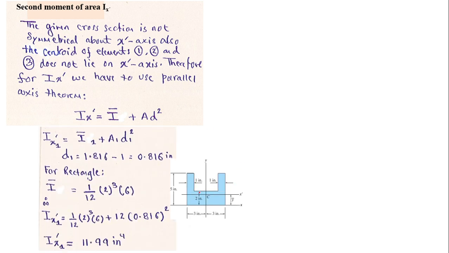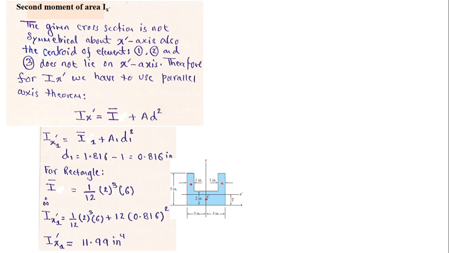You see that the centroid of this rectangle lies here, the centroid of this rectangle lies here, and the centroid of this larger rectangle lies here. This we have sorted out in the previous slide.